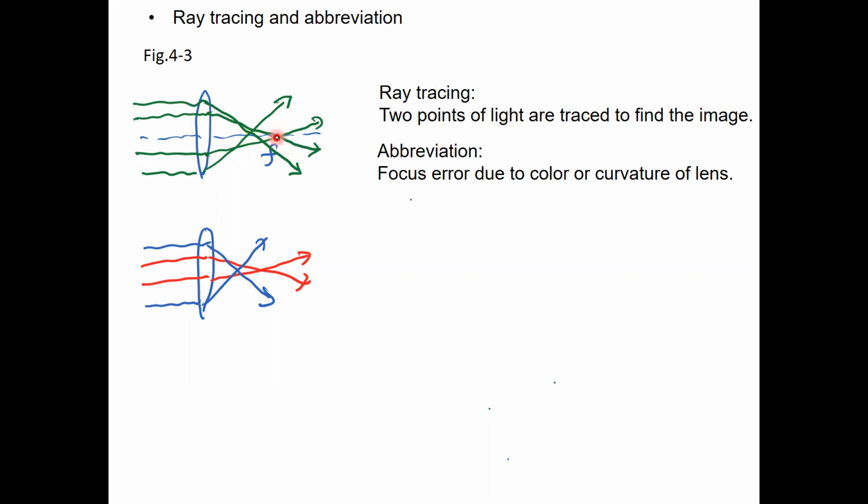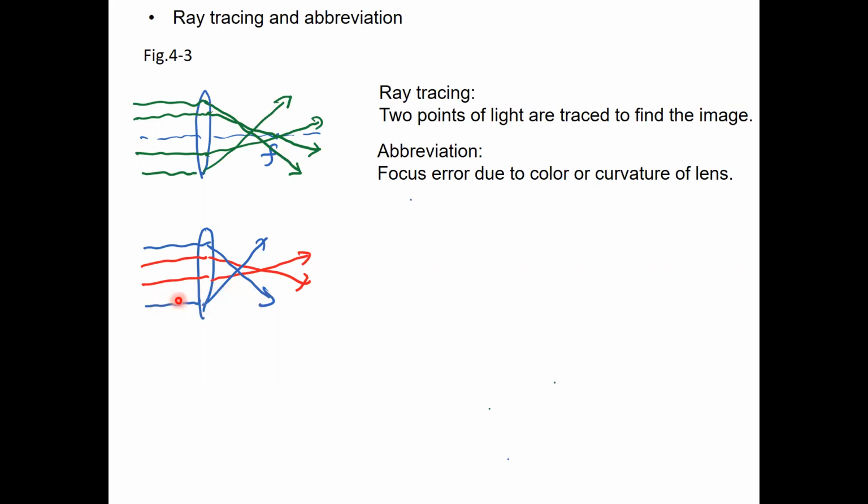However, if you use a very big beam, and the light passes around the edge of the lens, it is focused to a different position, which is due to the design of the curvature of the lens. Another reason for this focus error is the color.